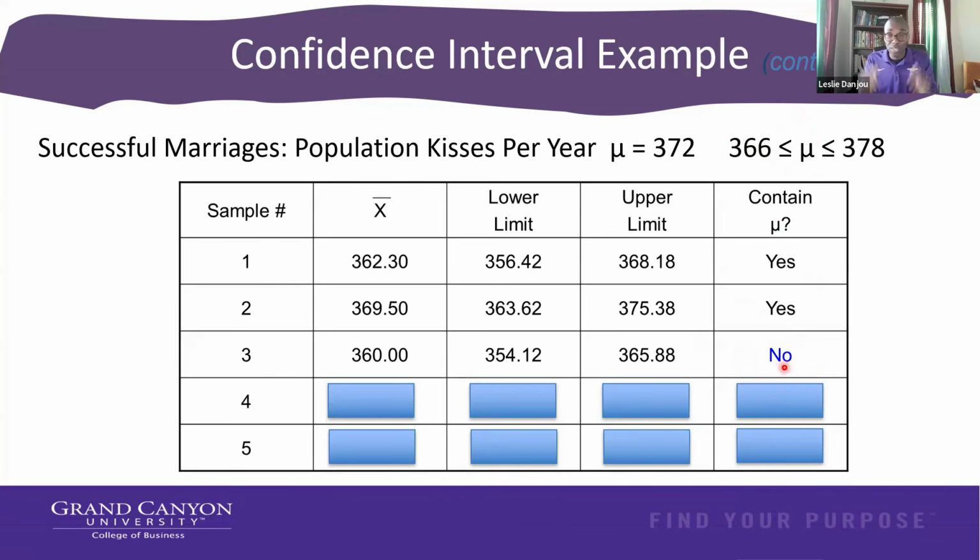Because you have borders, boundaries, and standards, you can now say to them, all you need to do is kiss one more time in that year, and you will have a successful marriage. Once you have borders, you can tell how close or how far away you are from the standards. Always have boundaries. When you guys are in relationships, always have boundaries.